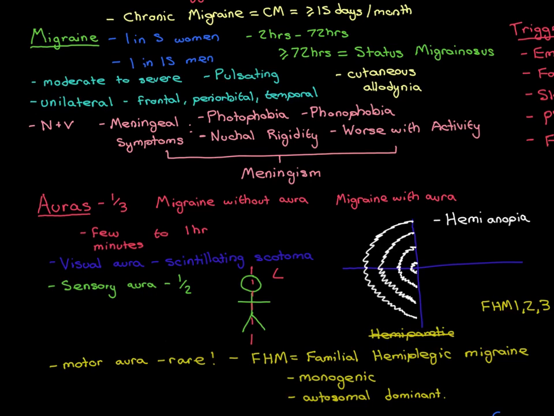So when the pain is coming from the activation of meningeal nociceptors, it will lead to these accompanying symptoms. Whereas when we're discussing tension-type headaches, because the pain isn't believed to originate from meningeal nociceptors, they didn't have these accompanying symptoms.